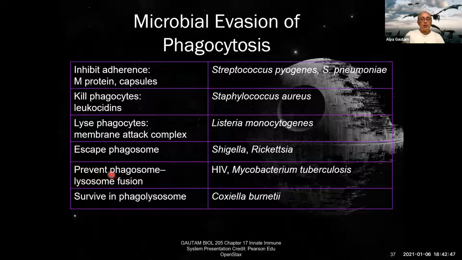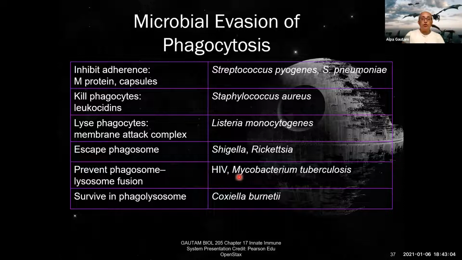These are going to prevent the lysosome fusion. Specifically with HIV, it's a virus. It gets in and specifically targets T cells, T helper cells, and then kills the T helper cells.